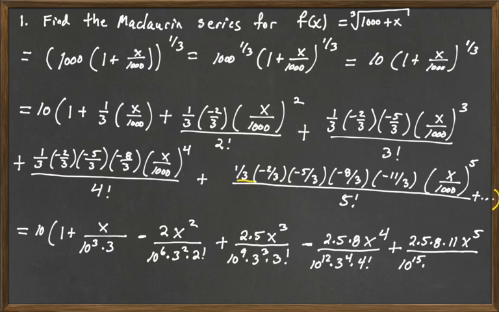And then we have 1, 2, 3, 4, 5, sorry, so we got 3 to the fifth, and then 5 factorial. And then that pattern is going to continue. And so we're going to see if we could write this as a nice series. Maybe we can find a pattern for it.